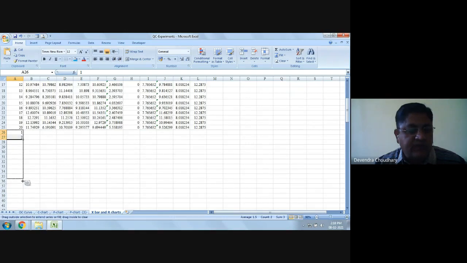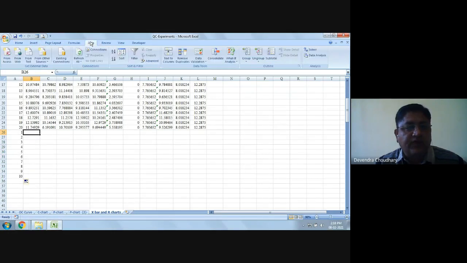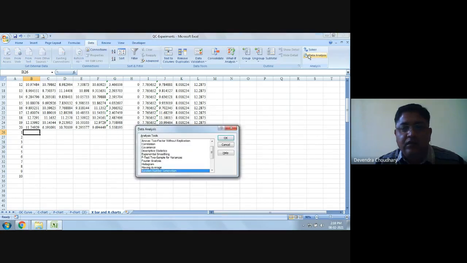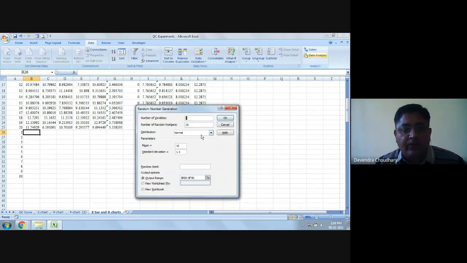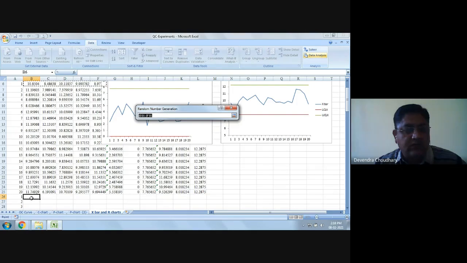Let's say 10 subgroups. Now I again use the same distribution to fit the data. Now instead of 520, I here put 10 only because I am generating 10, and I will insert here. So it will be inserted here. Okay.